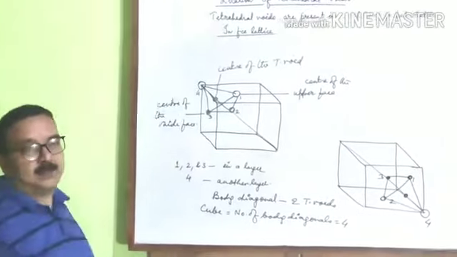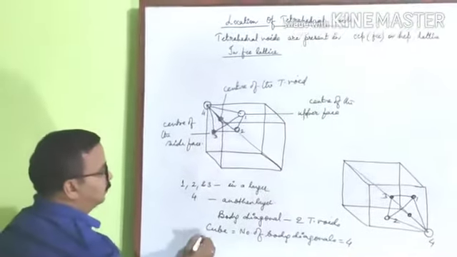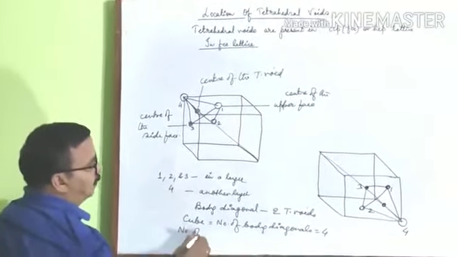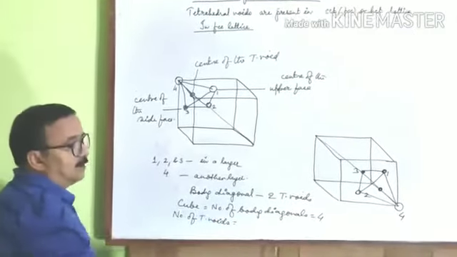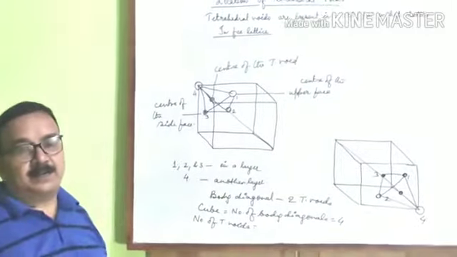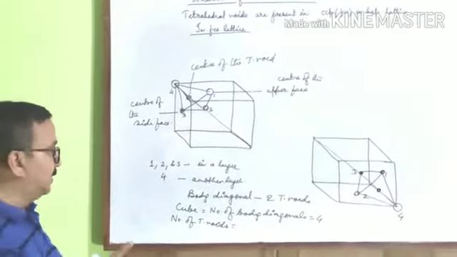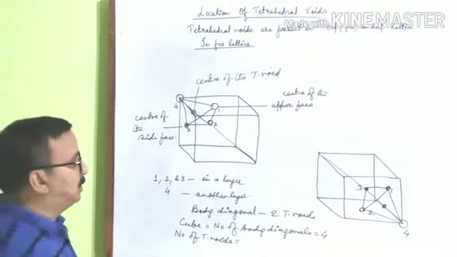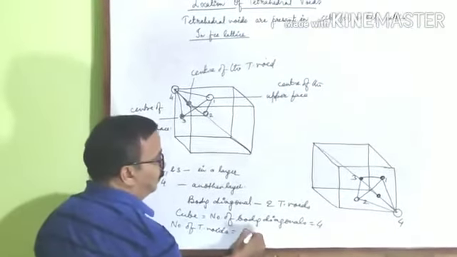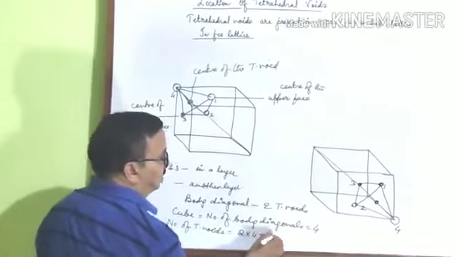So how many tetrahedral voids will be formed? The number of tetrahedral voids: in one body diagonal there are 2 tetrahedral voids. So there are 4 body diagonals in a cube, therefore the number of tetrahedral voids will be 2 into 4, that is 8.